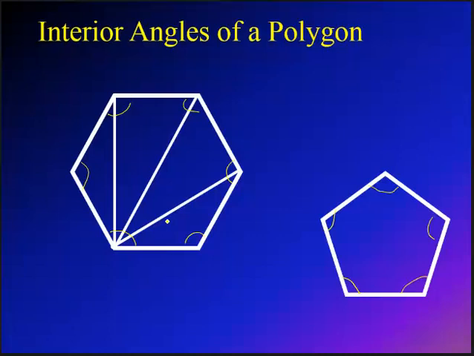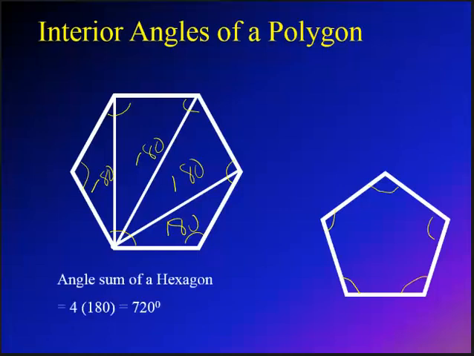I hope you remembered 180. So for each one of these triangles, I have 180 degrees. How many triangles do I have? 4. So the sum of those angles inside that hexagon is going to be 4 times 180, which is 720.